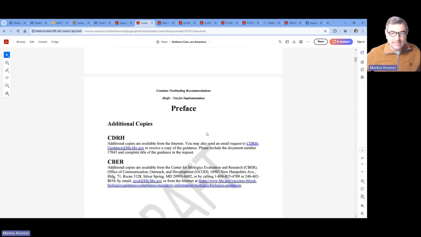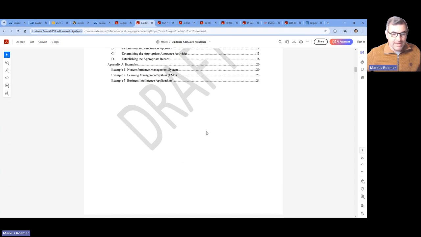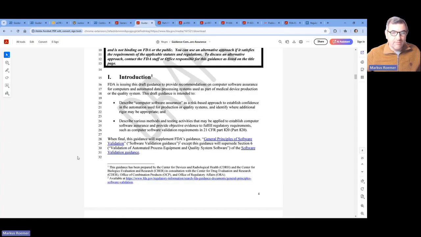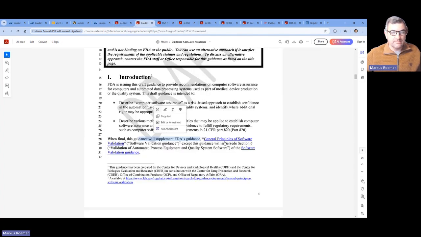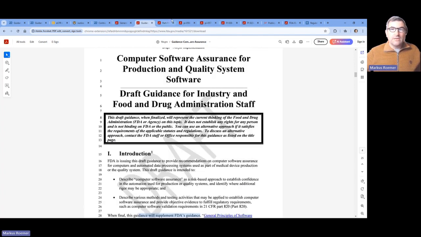This is also again for medical devices, because when final, this guidance will supplement FDA's guidance, General Principles of Software Validation, which you have seen before. Medical devices, very simple. Just as an example to have it here.